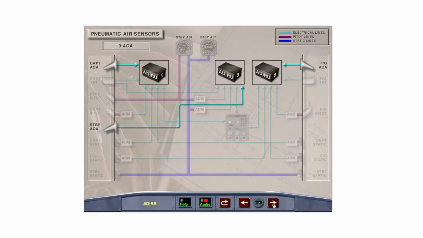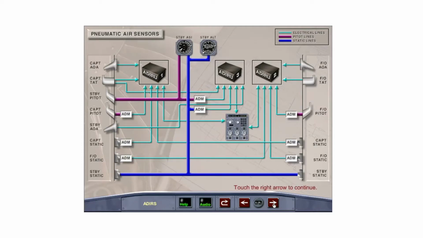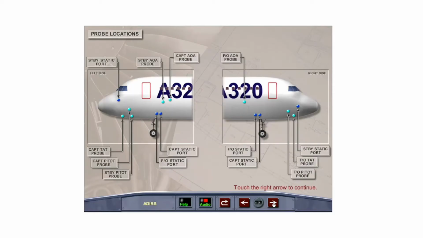The 3 angle of attack, or AOA sensors, are the captains, the first officers, and standby sensors. The 2 total air temperature probes, or TAT probes, are the captains and first officers probes. The various probe locations are on both sides of the forward fuselage.